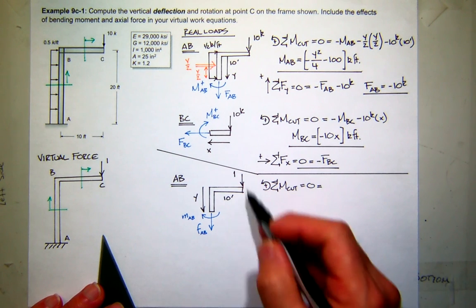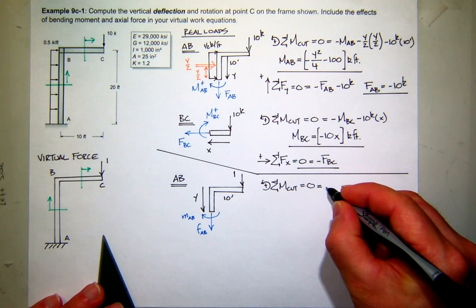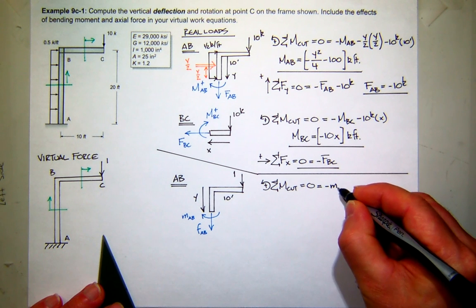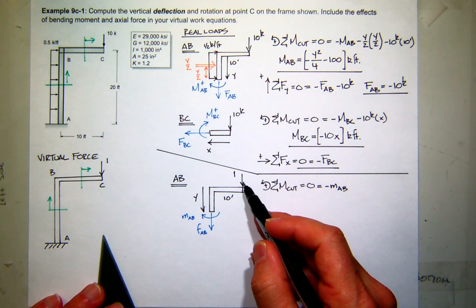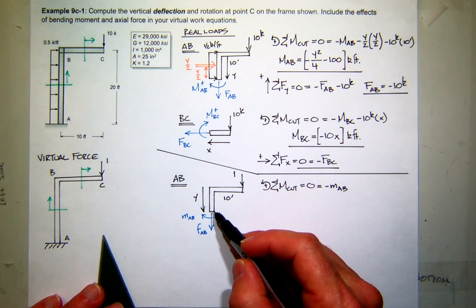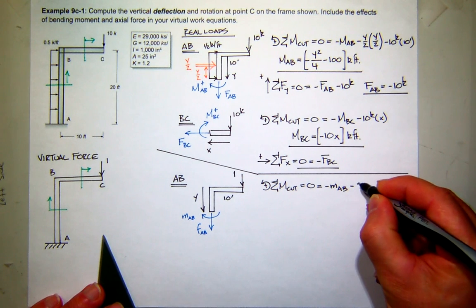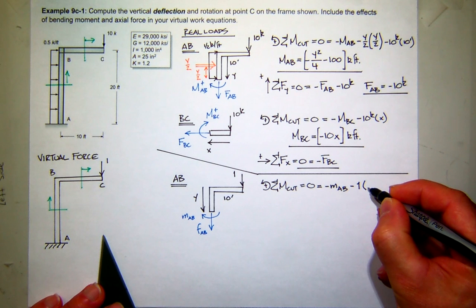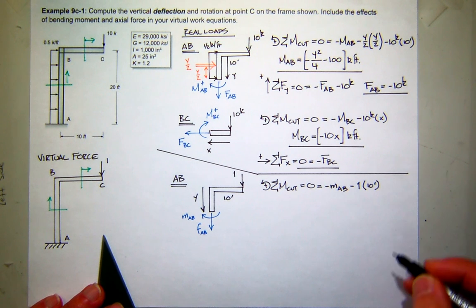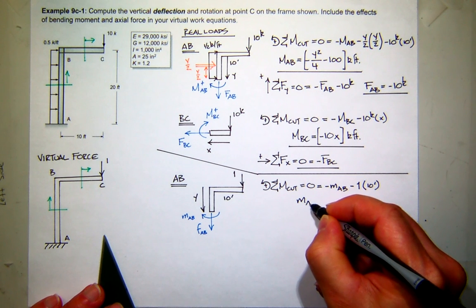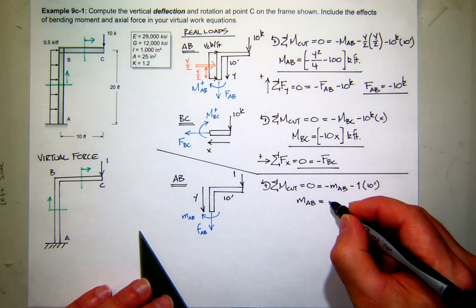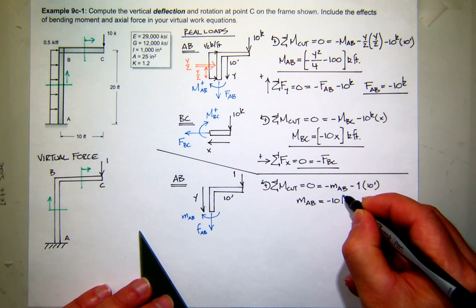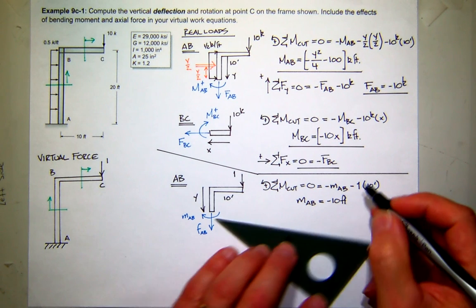Looking at my moments on this system, I have my virtual moment. That's negative in my sign convention. And then what else is on there? Just the unit load, and it also creates negative moment about the cut. So that'll be minus 1 times a distance of 10. So my virtual moment is equal to negative 10 feet, odd unit.